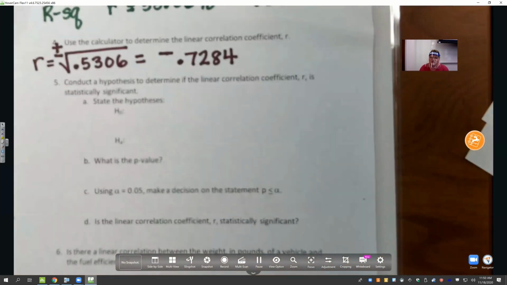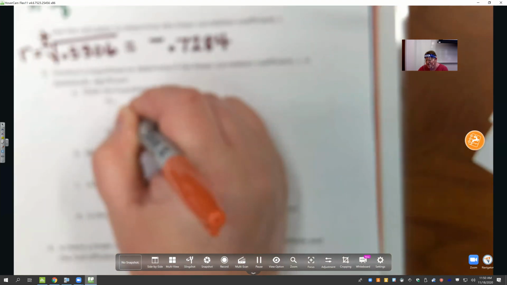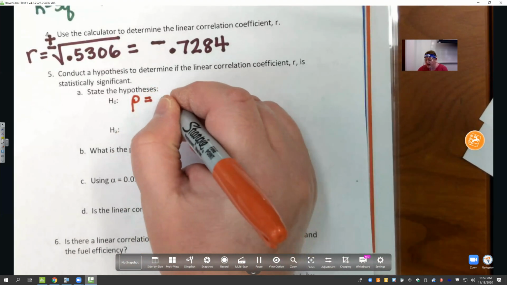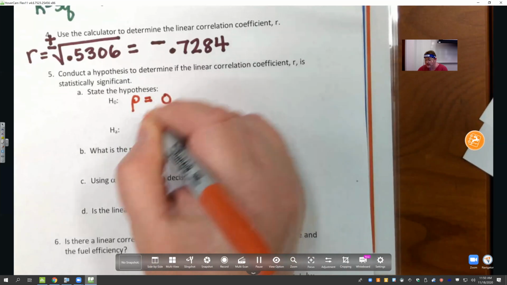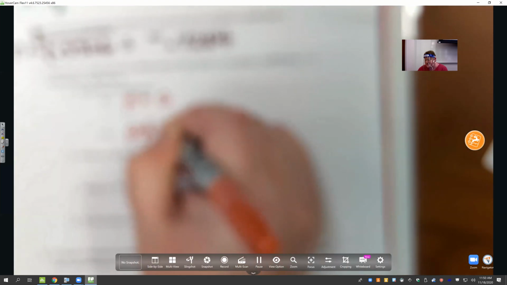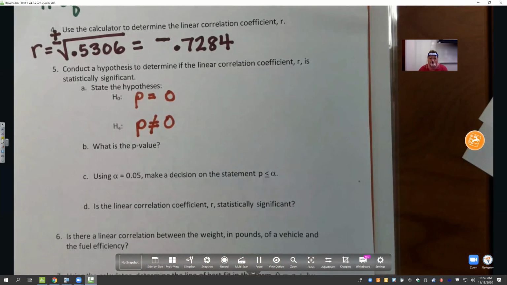So then we want to confirm whether or not it's really significant. Our null hypothesis is always rho equals 0, and the alternative is rho does not equal 0. Again, we talked a minute ago about what those mean.